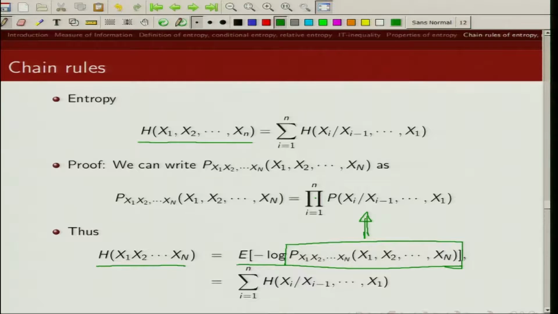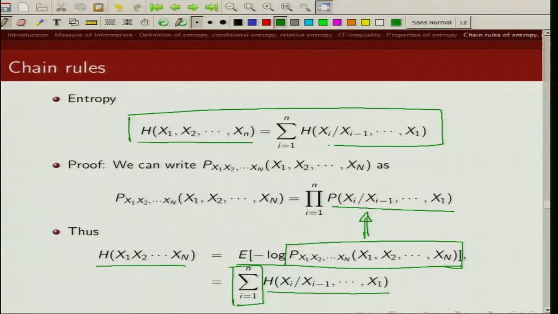If we take the log of product terms, we will get a summation, and then we get the expected value of minus log of these conditional distributions, which is nothing but conditional entropy. Hence we can write this joint entropy in terms of these conditional entropies. This is a very important result. We are going to use the chain rule repeatedly to prove different properties of entropy and other things.